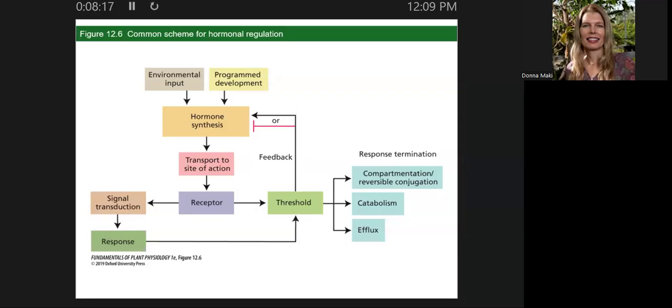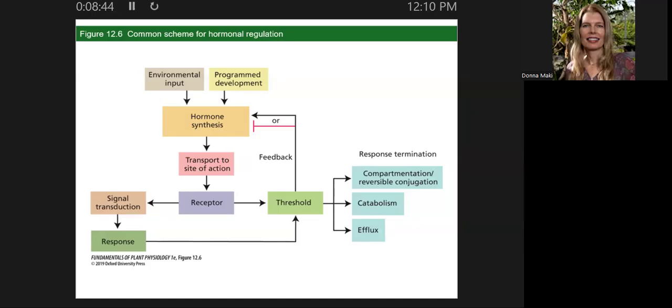But here we have kind of a basic idea of how hormones are involved, kind of looking at what they are impacting in the signal transduction processes. And here you're seeing, again, maybe it's some kind of environmental signal, maybe cold, or maybe there's something going on where the plant's like, oh, it's time for me to form flowers.